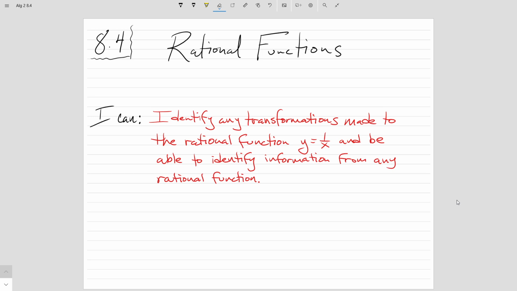That's the only rational function you'll need to know how to transform, because there's a lot of rational functions, but 1 over x is the only one you'll actually have to know transformations on. And you'll want to be able to identify all sorts of different information from the different functions.